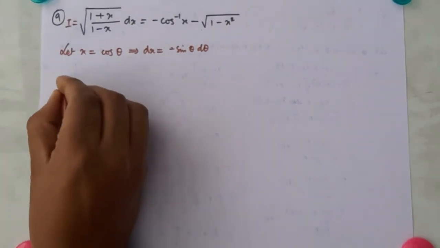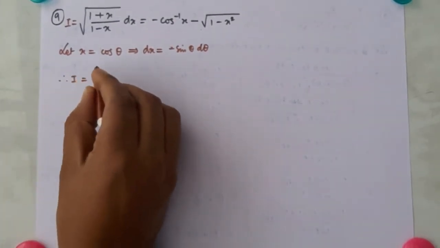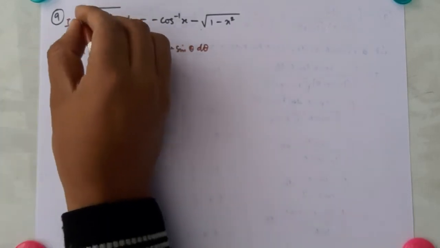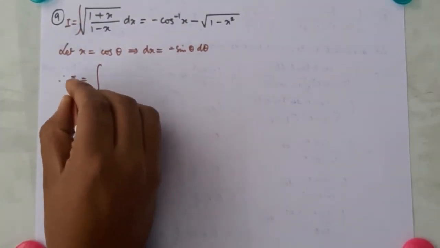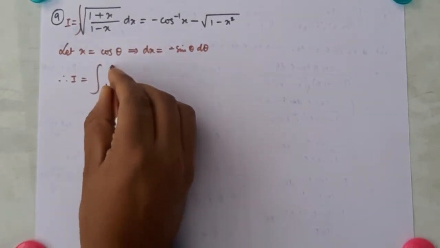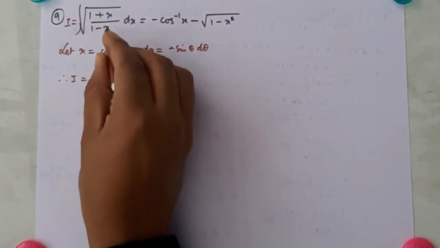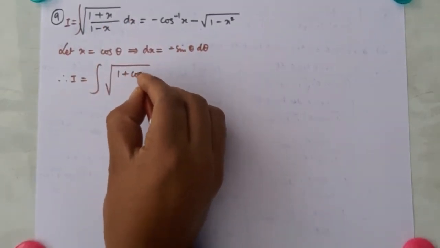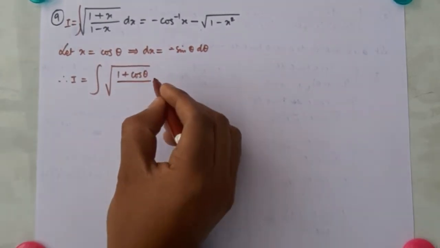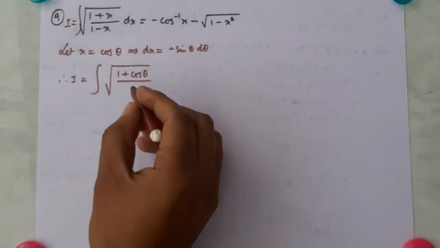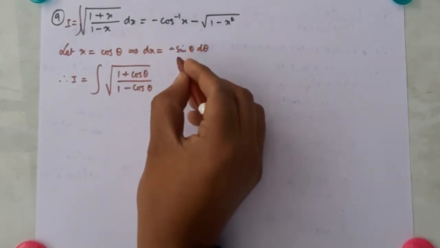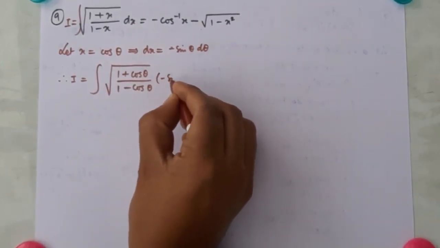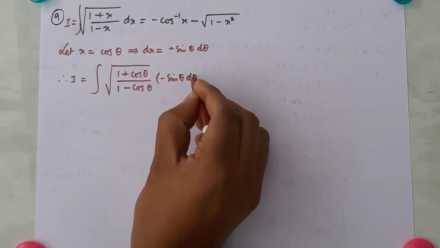Therefore your integral I will change into, I'm sorry, I have forgotten the integral sign. So the integral becomes integral square root of 1 plus cos theta divided by 1 minus cos theta, and dx is negative sin theta d theta, isn't it?